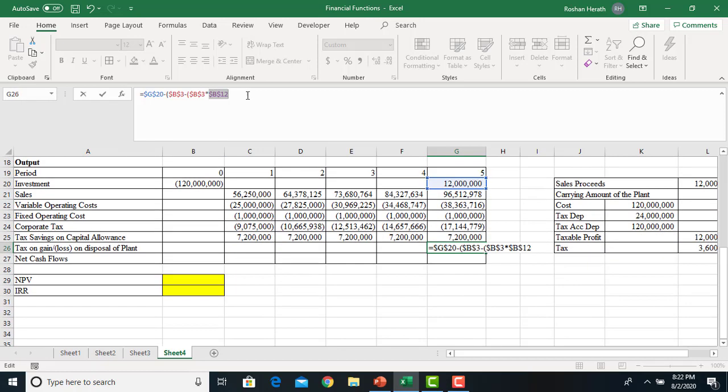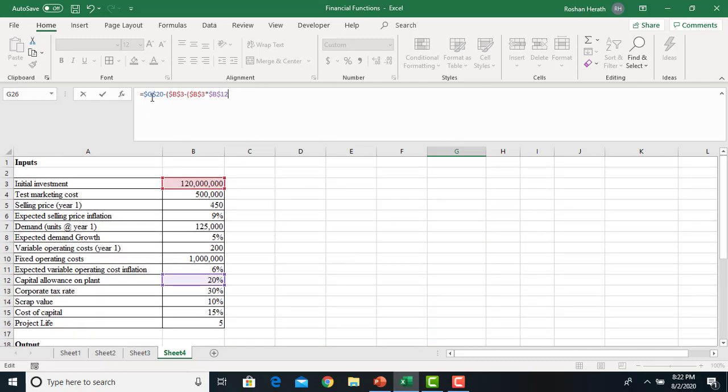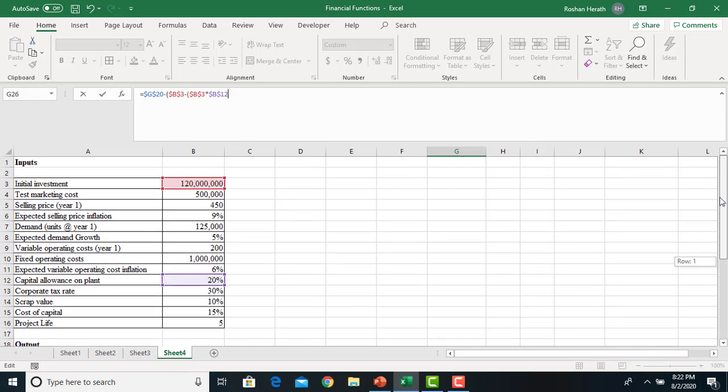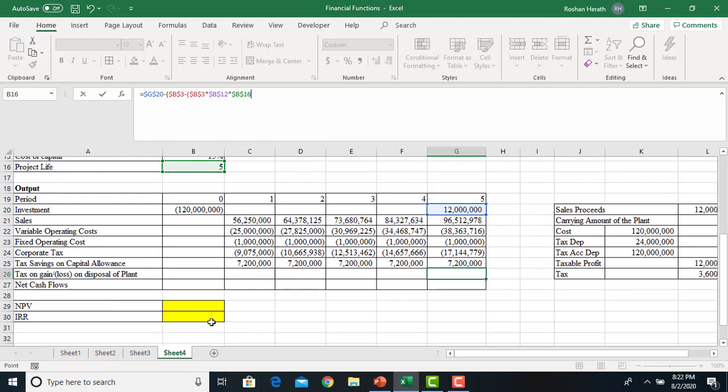So what you are doing, you are initially taking the sales proceeds, G20 represents the sales proceeds. Thereafter you are going to take the carrying amount. So how do you take that? You take the cost minus the depreciation per annum, that is the initial investment into the capital allowance, into the number of years. The project life is given over there. You may take that 5.